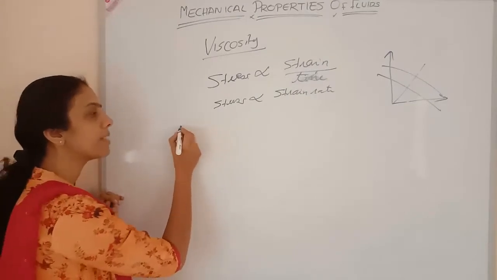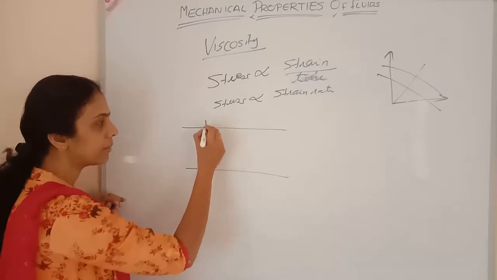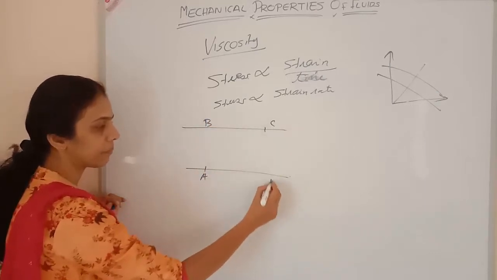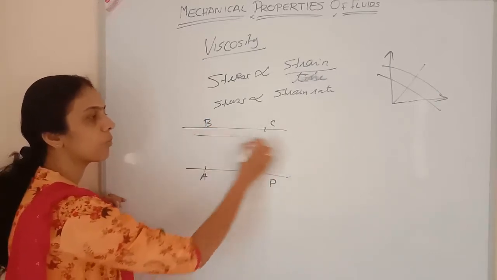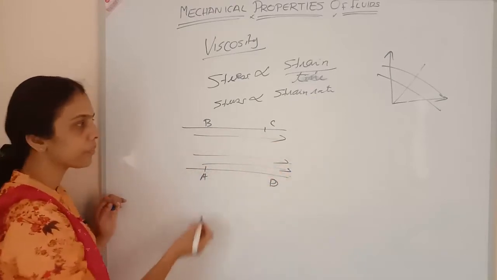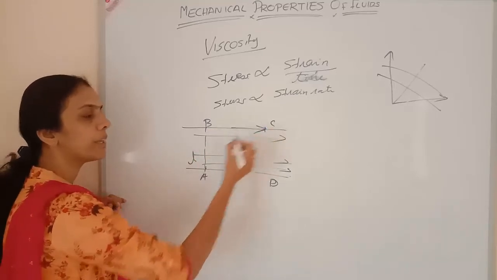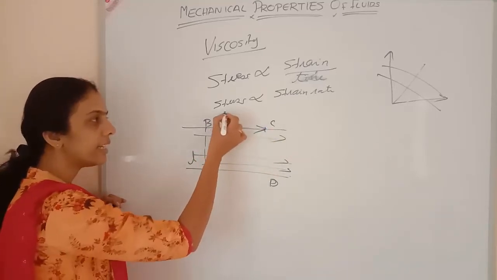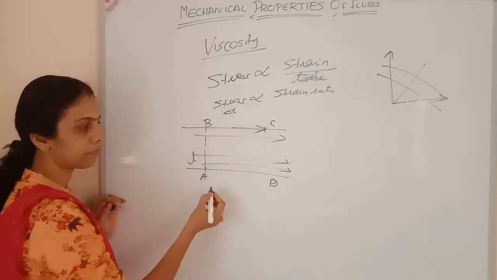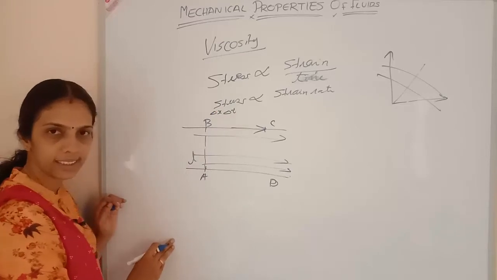I am considering a part of fluid, that is ABCD. Here the fluid is moving as layers like this. Let L be the length. When it is flowing like this, in a time interval delta t, it moves a distance of delta x.